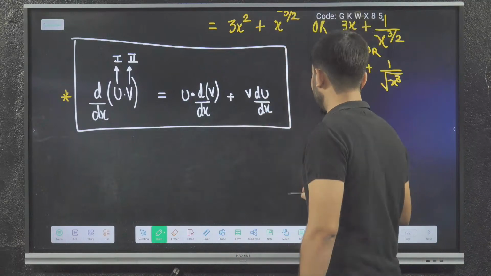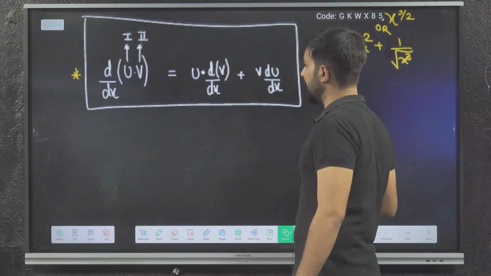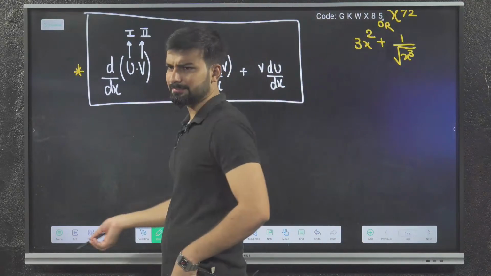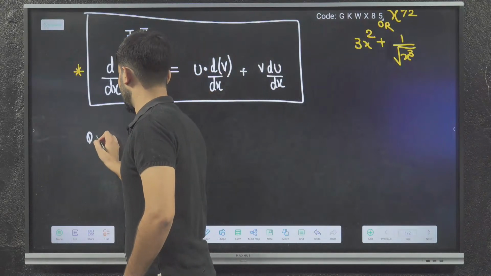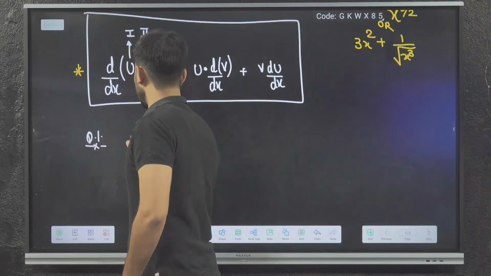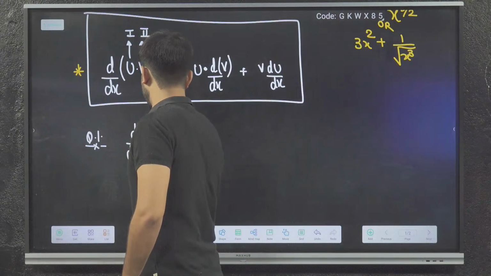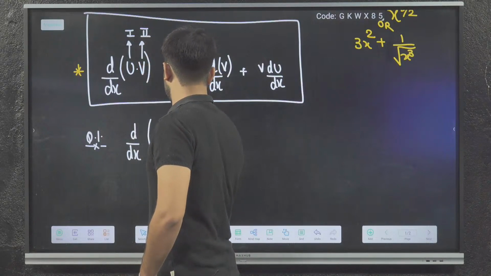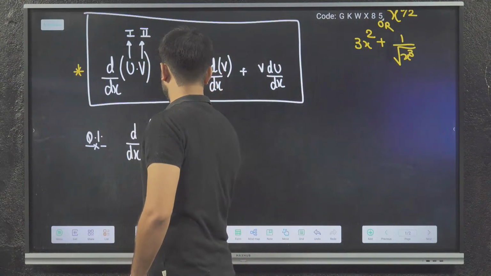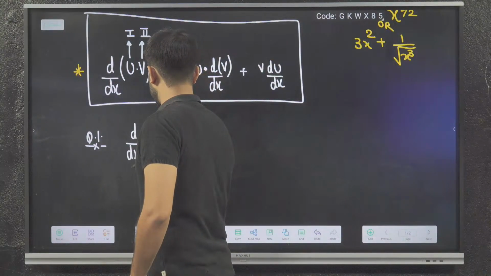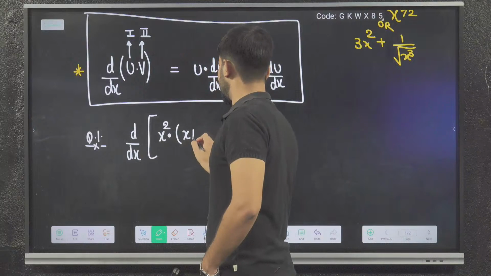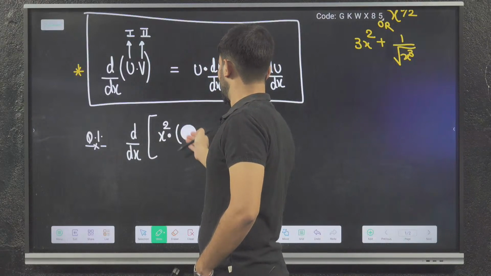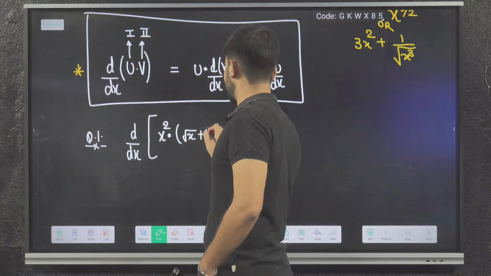Now let's jump to a problem so that you guys will be able to do it. I will ask a very simple question on the basis of this. d by dx of, you have two functions like this. One is x square, and another one is root x plus 1, let's say.